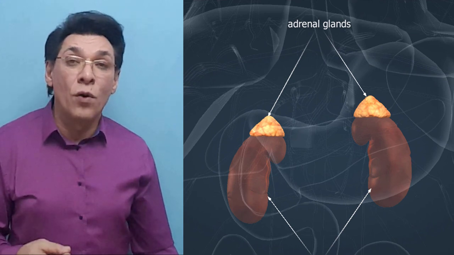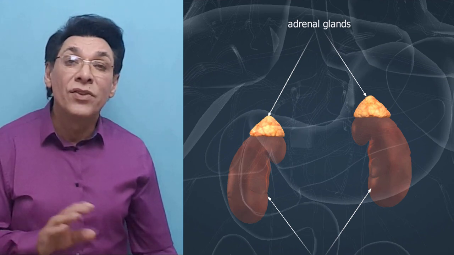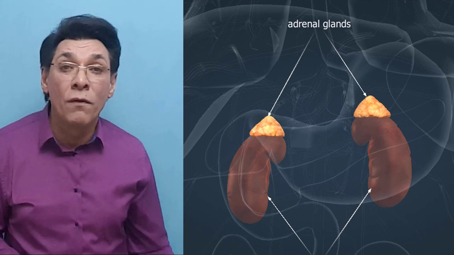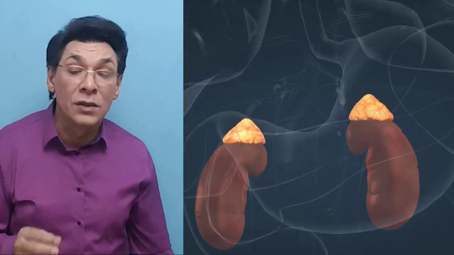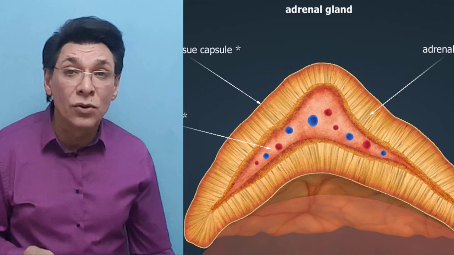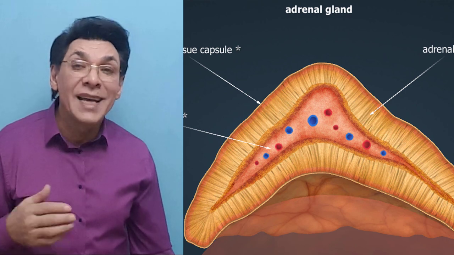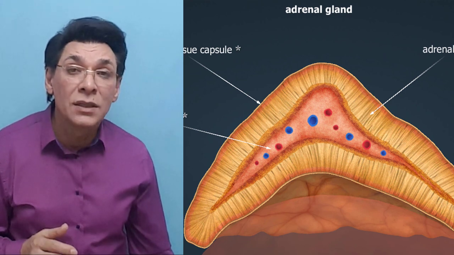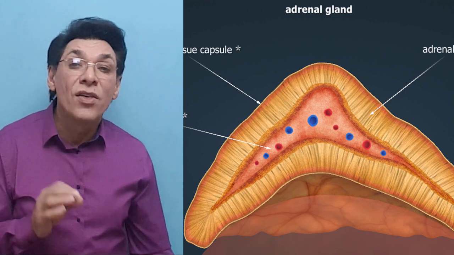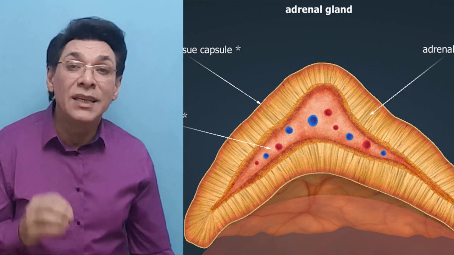Three zones of cortex produce three different types of corticosteroids. First, mineralocorticoids, outer. Second, glucocorticoids, middle. And third, androgens, inner part.